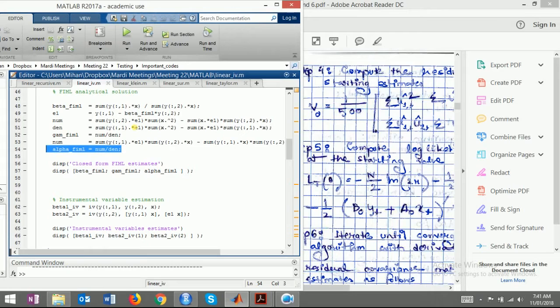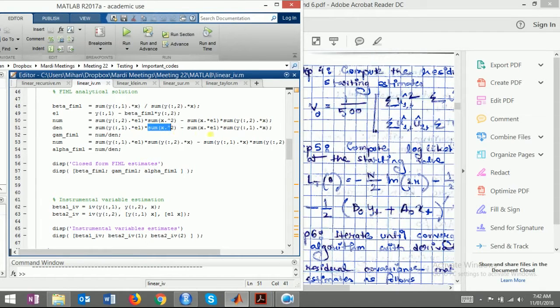So y2 u1 y2x, you have x square and x u1. Then y1 u1 y1x, we have x u1 and x square, same thing. What changes in case of alpha?